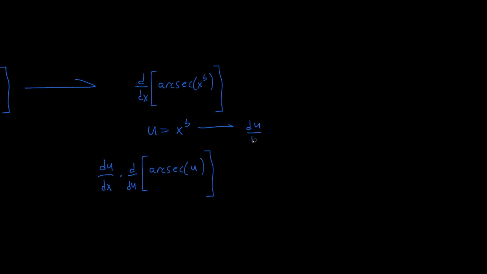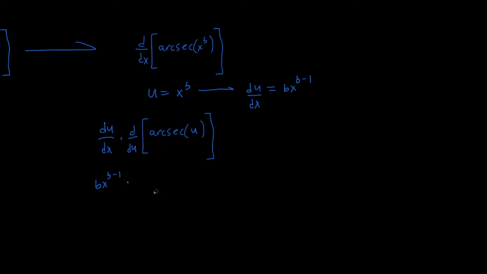We have du dx, we can find the derivative of u first, is equal to, using the power rule, bx to the b minus 1, and we can write that here, bx to the b minus 1 times the derivative of arcsecant u.